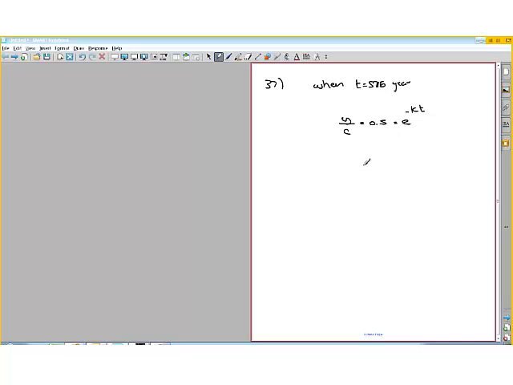And what else do we know in this problem 37? We're given that when t equals 0, y is equal to 5 grams. Okay, so our equation is y is equal to ce to the minus kt.